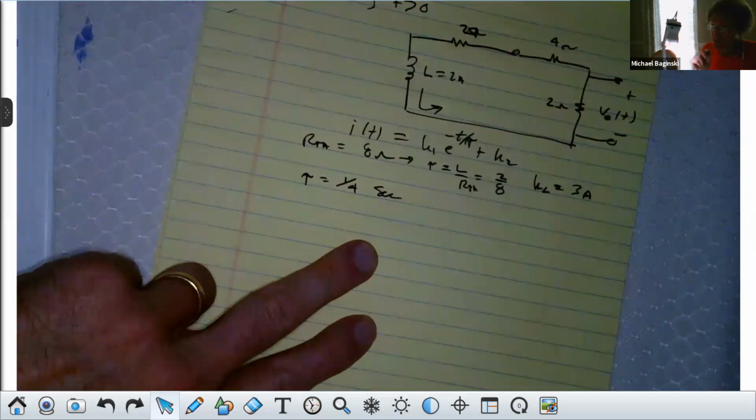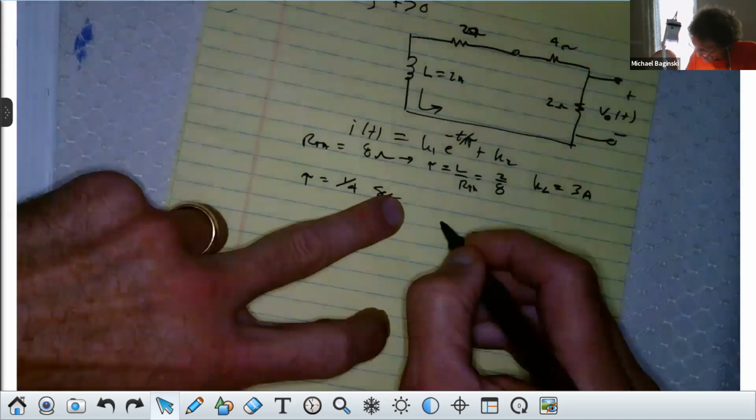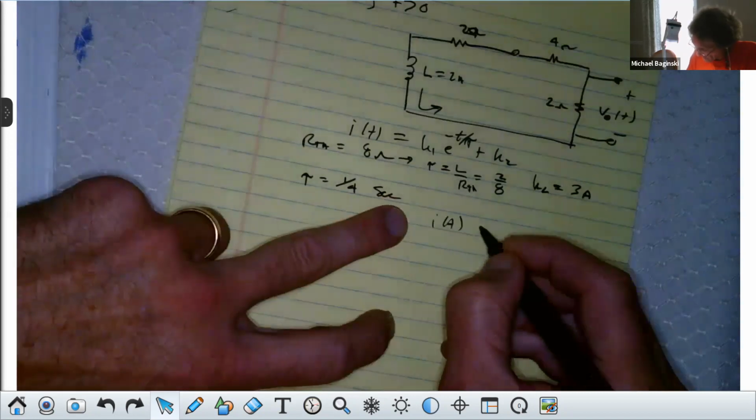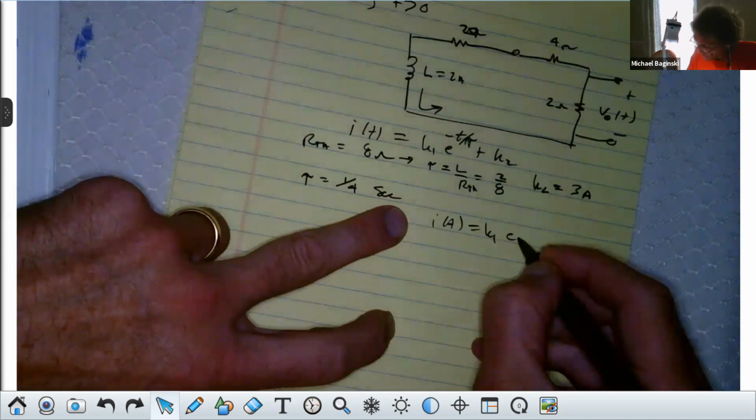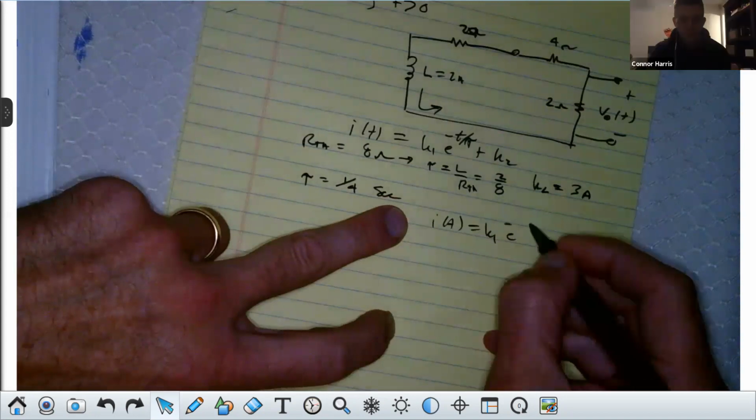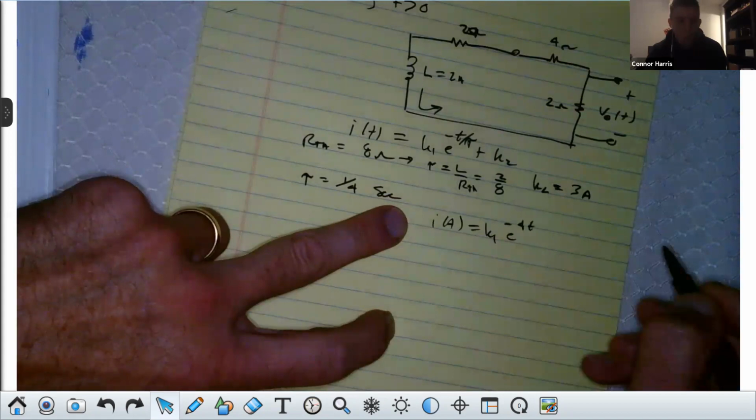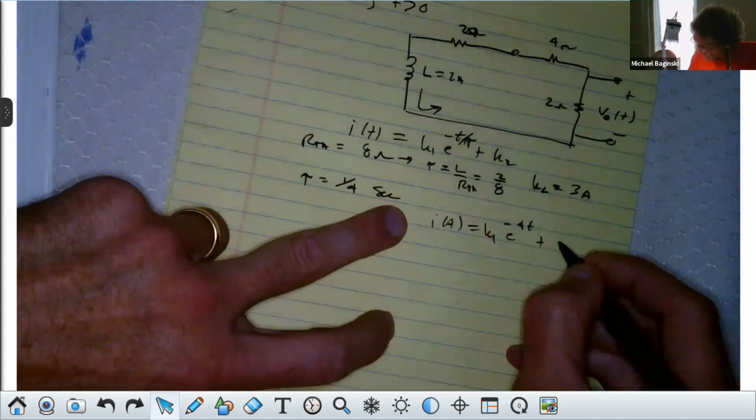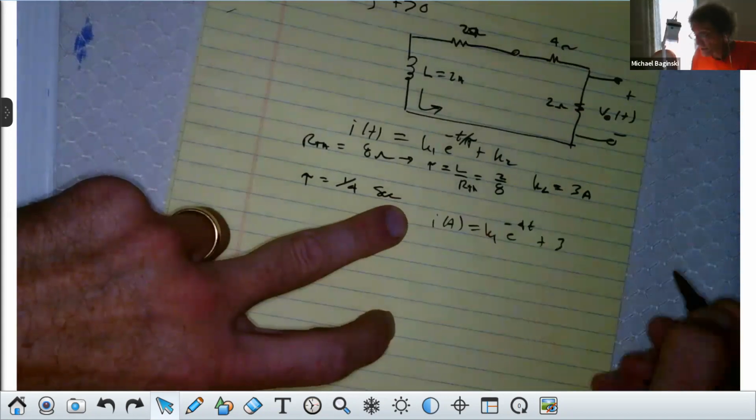It's continuous. There's always a finite slope. Do y'all follow me on that? Now that's real important. So that means I can say generally now, here's the equation I have. I of t is K1 e to the minus t over tau, or 4t, right? Because 1 over 1/4 is 4, plus 3, right? Agreed, class?